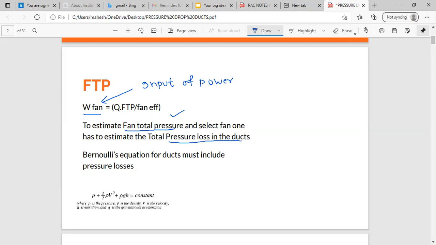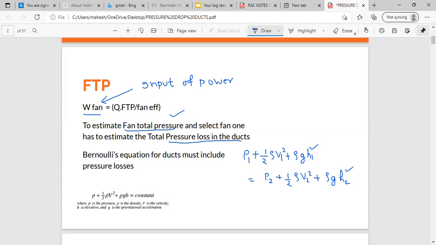Written across section 1 and section 2, it would be P1 plus half rho V1 square plus rho G H1 is equal to P2 plus half rho V2 square plus rho G H2, where H1 and H2 are elevations.